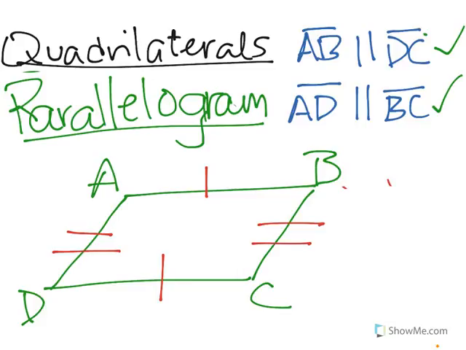The difference, just like we did with the rhombus, is the angles. The opposite angles are congruent. Angle D is congruent to angle B, the same measurement. Angle C is congruent to angle A, the same measurement. Those are the characteristics of a parallelogram.